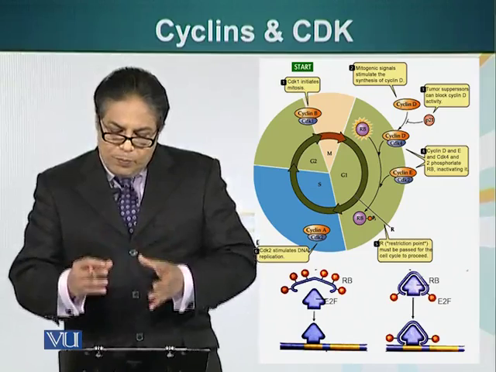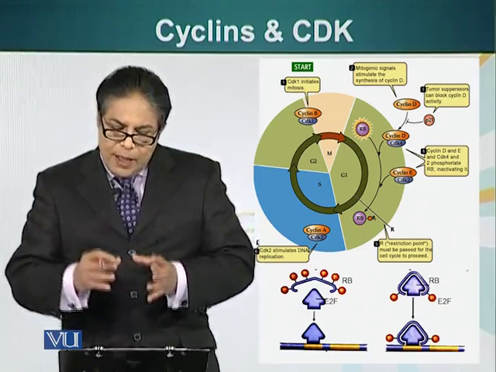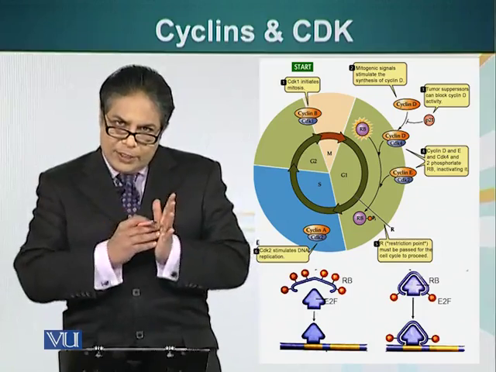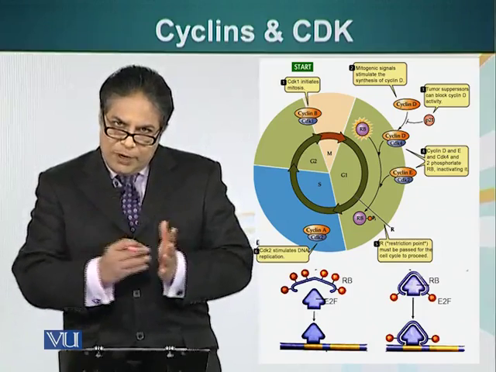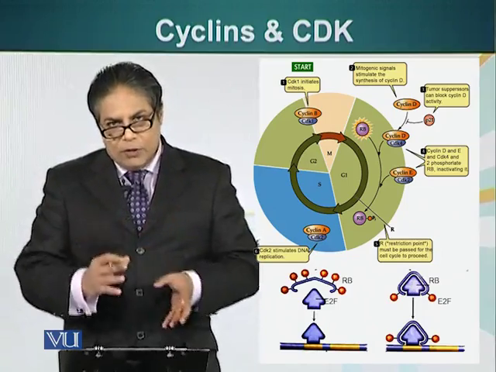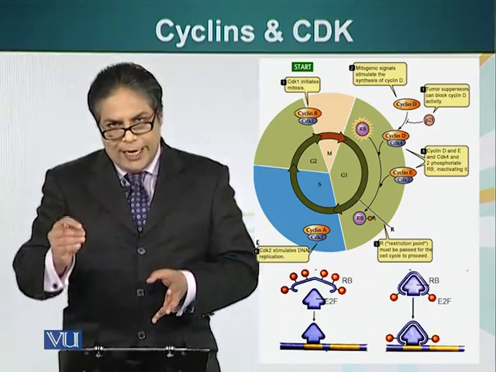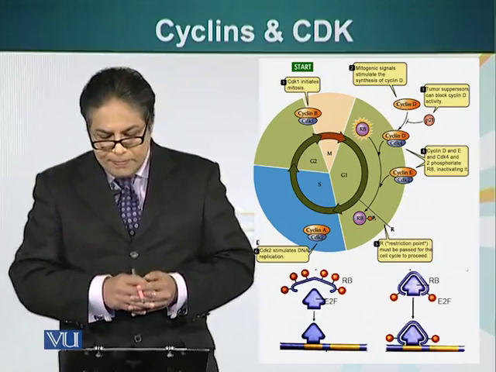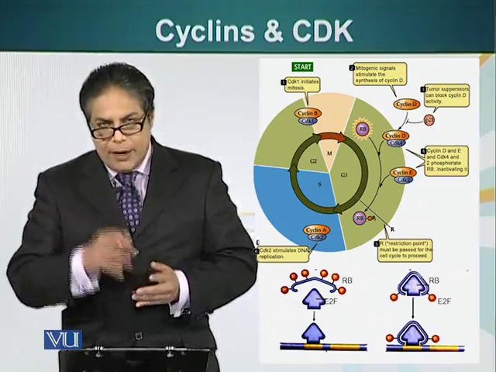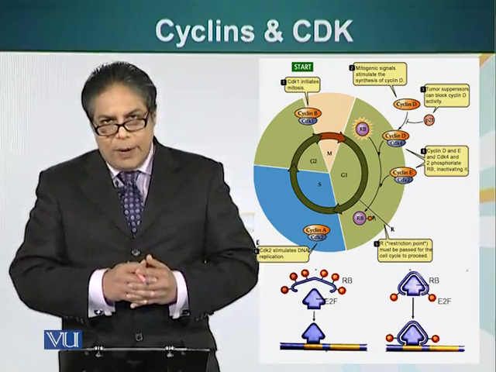These two cyclins are allosteric regulators. They attach to these enzymes at a specific location and cause a conformational change which allows these enzymes to phosphorylate different target proteins. One of the target proteins for these enzymes is the RB protein, retinoblastoma protein.